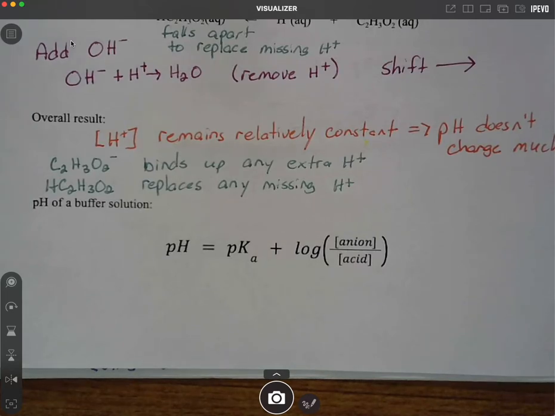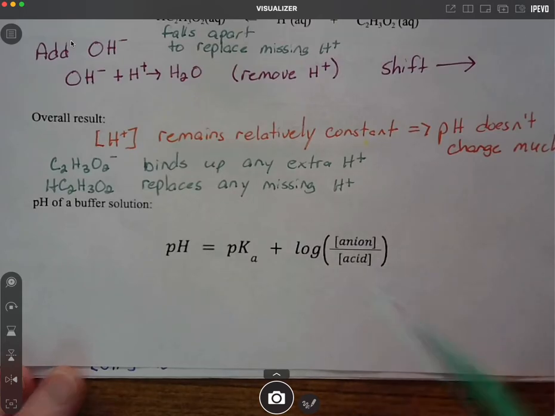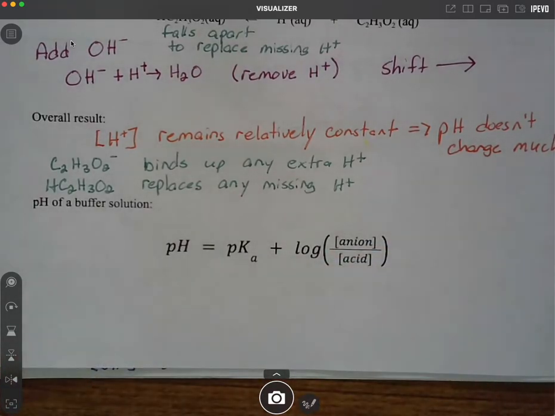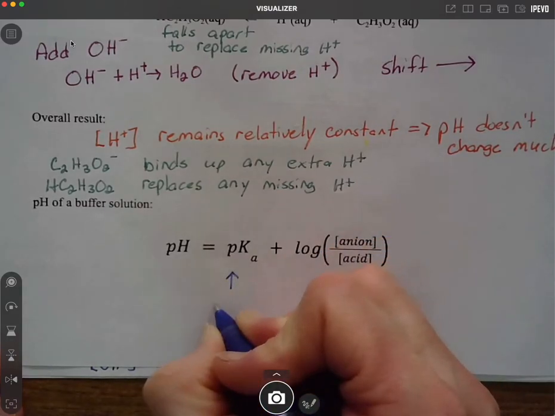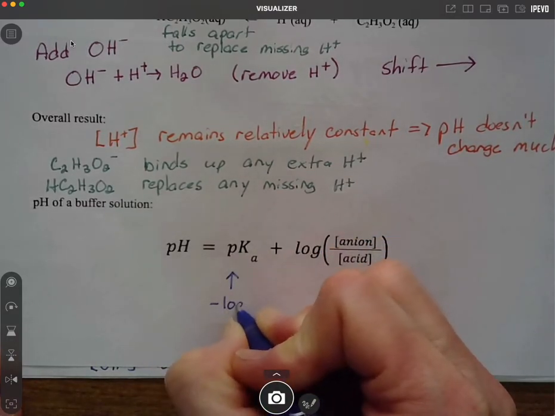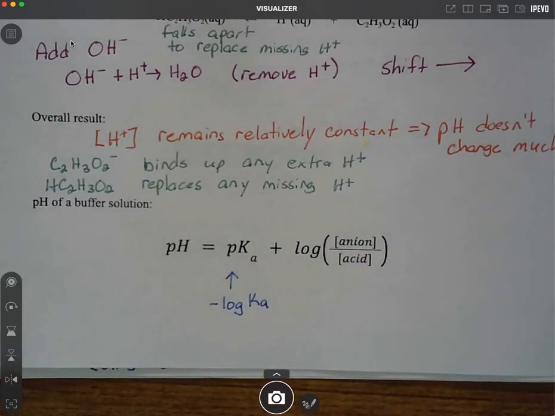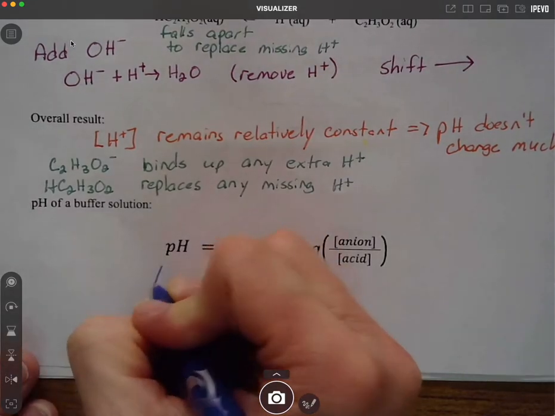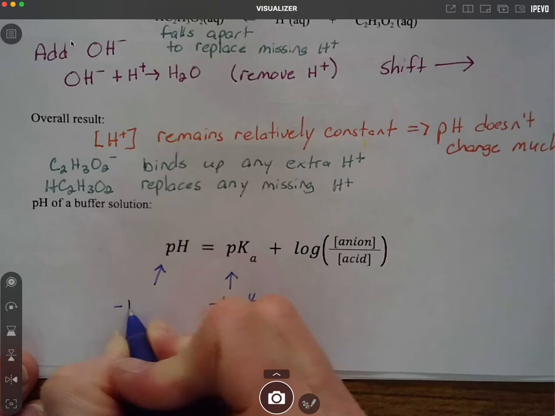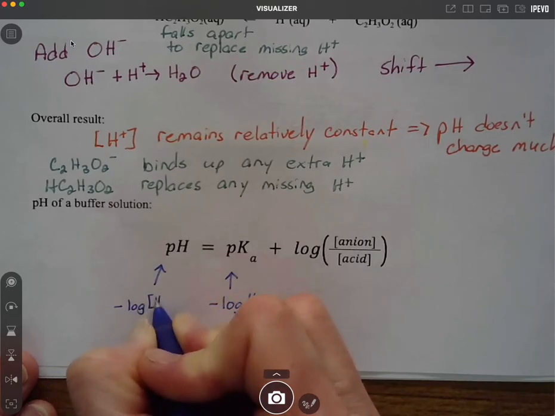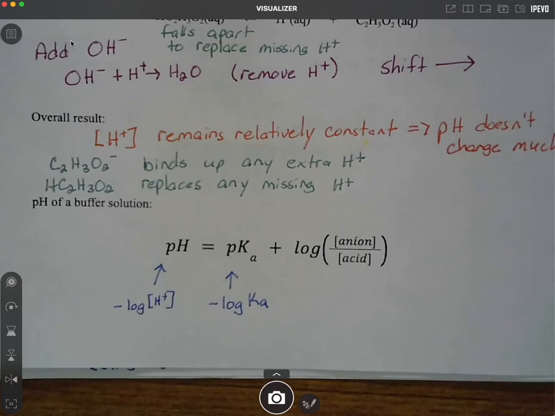The pH of a buffer solution will be the pKa plus the logarithm of taking the anion and dividing by the acid. pKa is a lot like pH. pKa is the opposite of the logarithm of the acid dissociation constant, just like pH is the opposite of the logarithm of the hydrogen ion concentration.